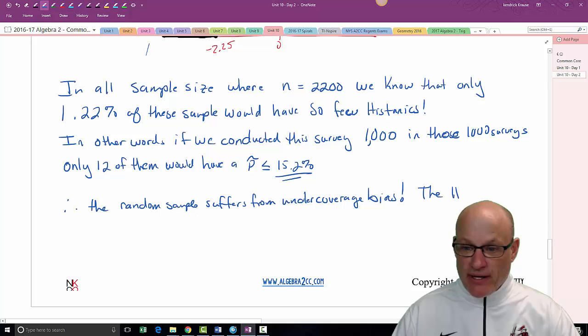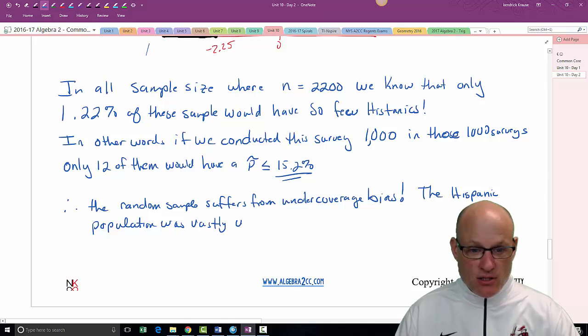The Hispanic population was vastly underrepresented.